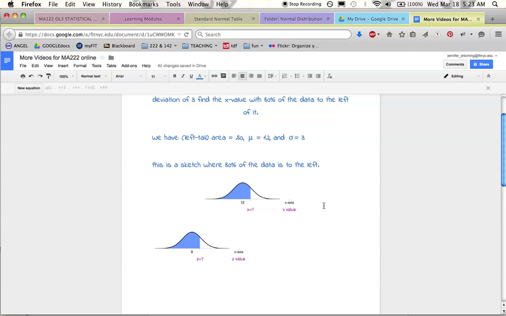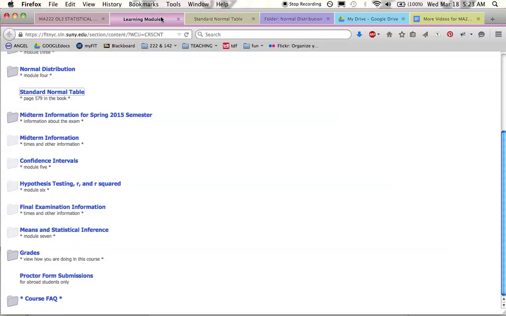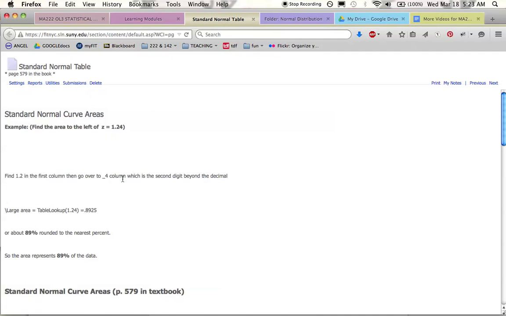So what we do is use our chart, which is in the book, and I also posted it in the learning modules: the standard normal table, page 579 in the book, which is right here.